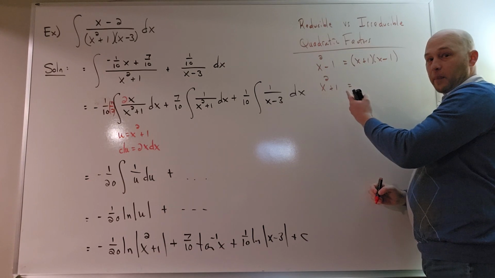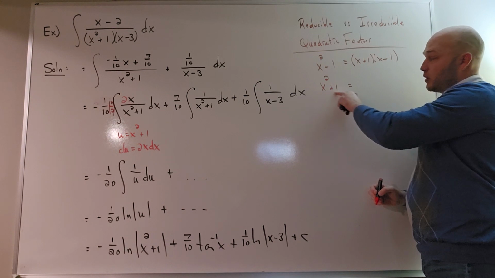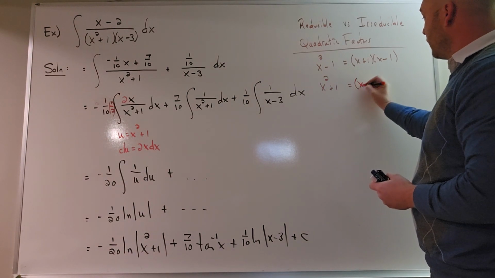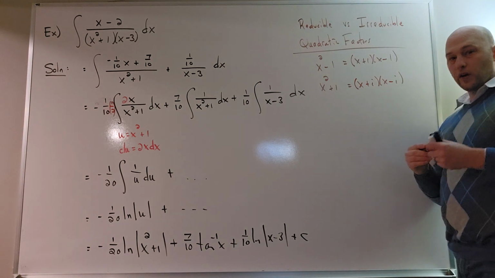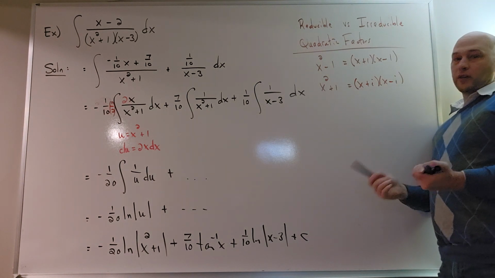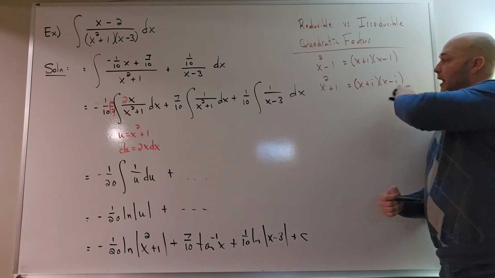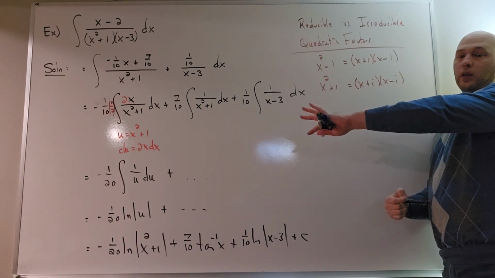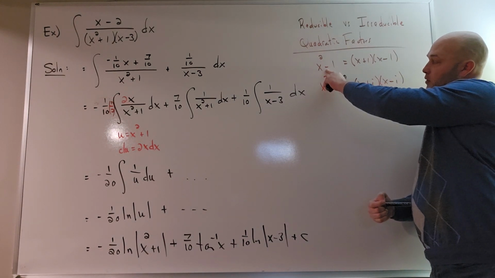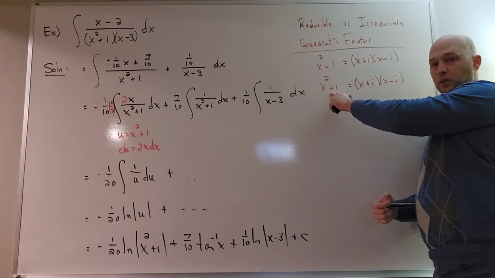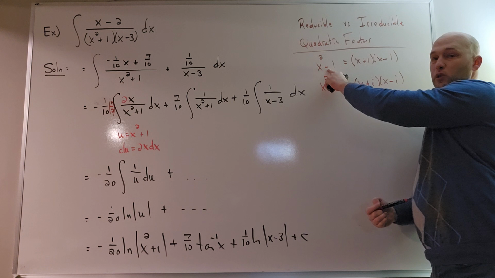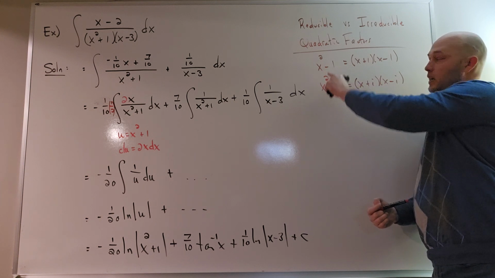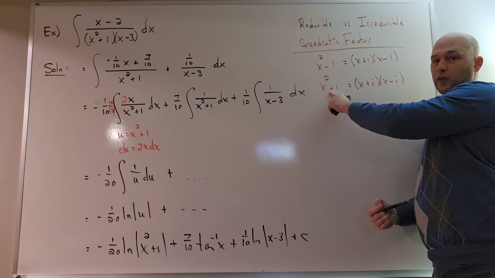Now, if you know about complex numbers, you know that I can also reduce this to a product of linear terms. However, in your introductory calculus sequence, complex numbers play no part. Therefore, this is reducible, this is irreducible. More precisely, this is reducible over the real numbers. This is irreducible over the real numbers.